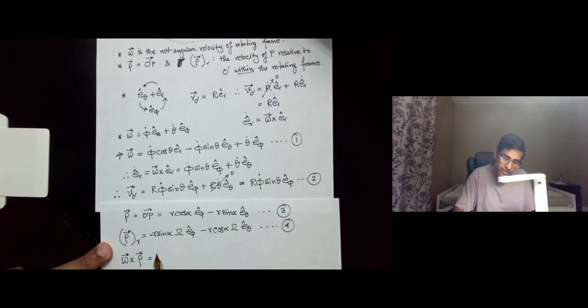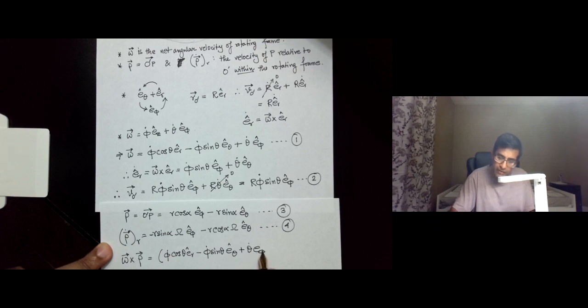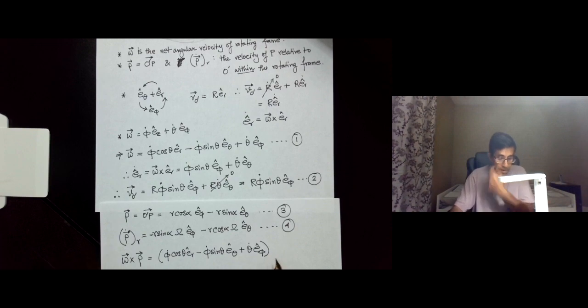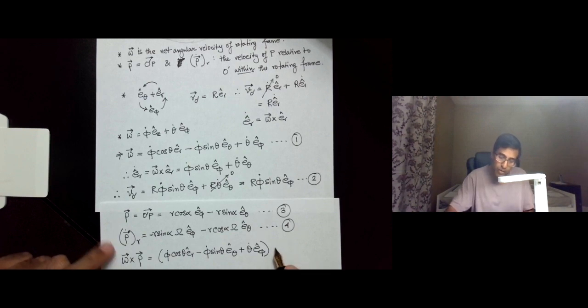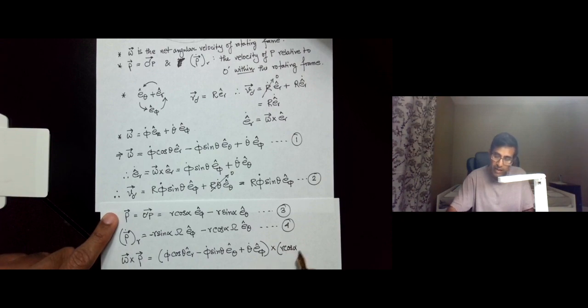So omega is phi dot cosine theta E r minus phi dot sine theta E theta plus theta dot E phi. Then we do a cross product with rho, and that is r cosine alpha E phi minus r sine alpha E theta.